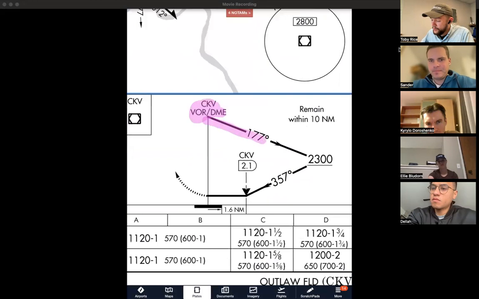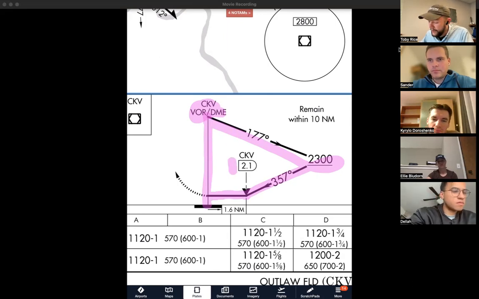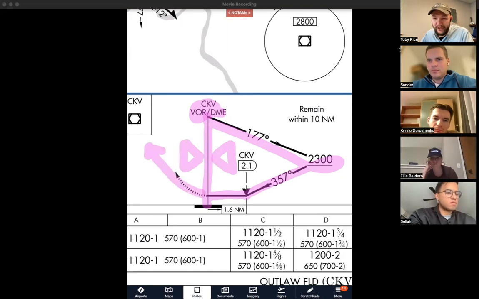We would go out, do our course reversal, come back in, and we would level off at the MDA, and then we would fly that until we cross the VOR. Once we cross the VOR, the flag flips from a to indication to a from indication, and we would go missed. Does everyone understand? Everyone completely understands the idea of station passage to and from on a VOR, right?